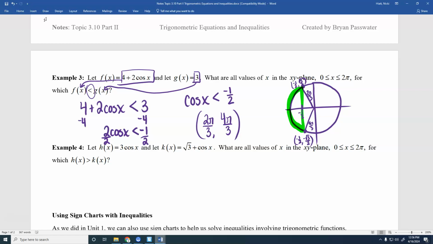Okay, similar question on the next one. We've got an h of x and a k of x. And we want to know where h of x is greater than k of x. So we're going to plug them in. We'll get 3 cosine x is greater than square root of 3 plus cosine x.